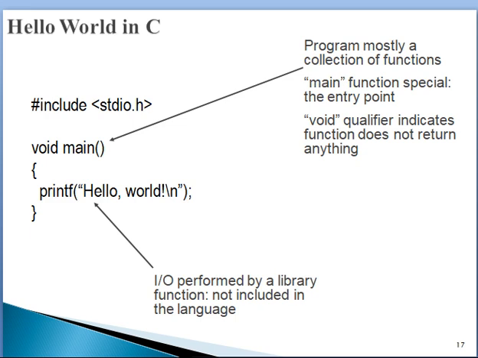In this program, if you observe the first line, #include stdio.h, this is the header file. Preprocessor directive #include stdio.h, the standard input output header file. To perform input output functions, to add the input output library to your program, we write #include stdio.h.